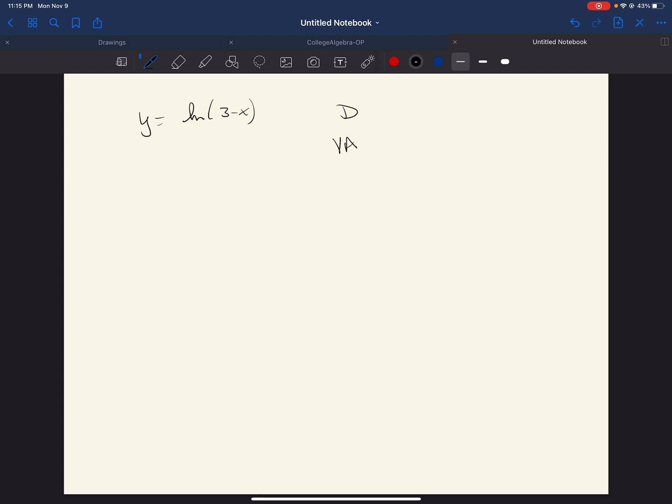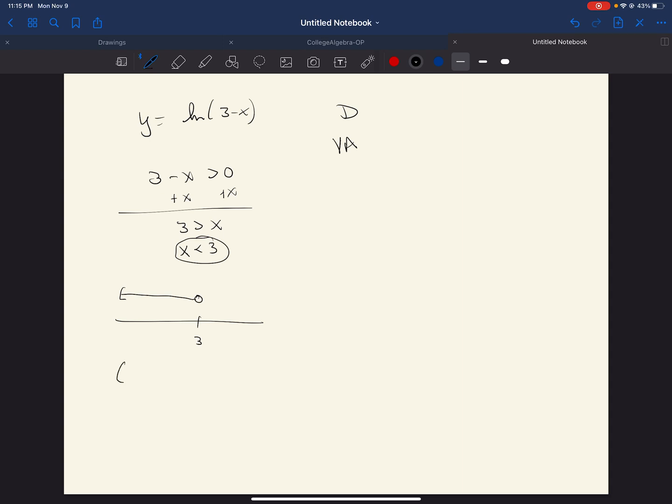To get the domain, what I need is 3 minus x to be greater than 0. In this case, I'm going to add x to both sides. And now I need 3 to be greater than x. Well, 3 being greater than x is the same as x being smaller than 3. I tend to like to use this one more, because then I can see if this is 3 and I need to be less than 3, then it's everything this way.